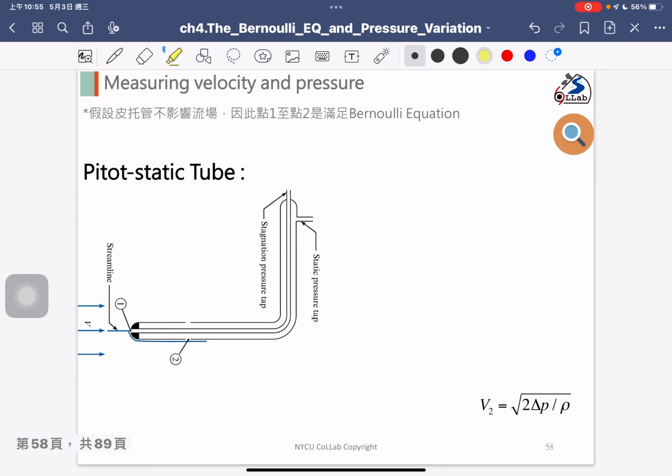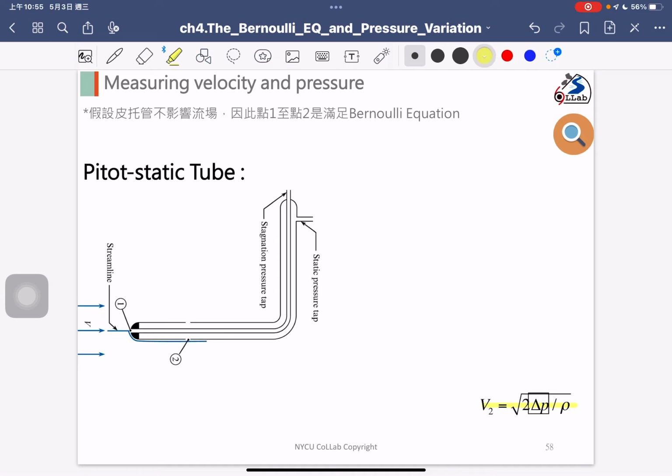Okay, in the slide I put here, we are trying to derive the equation. As you can see, the final equation shown here has the pressure difference first, and then we can estimate the flow velocity. So the main idea is how we can measure the pressure difference with the pitot tube.